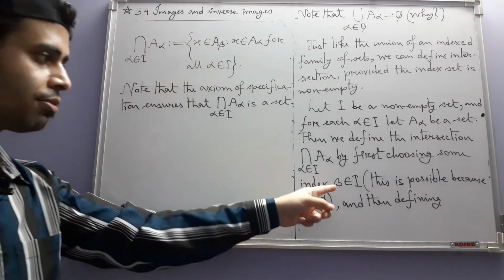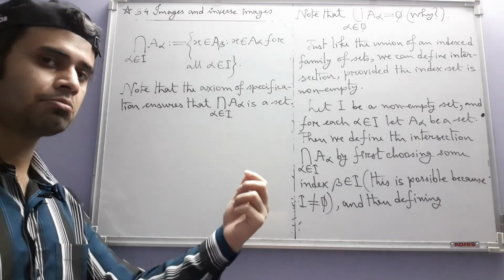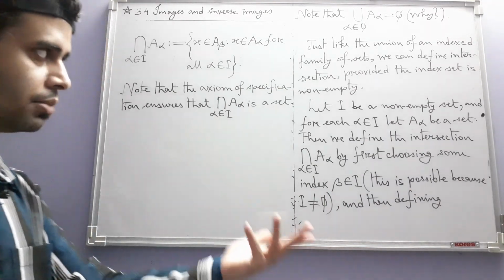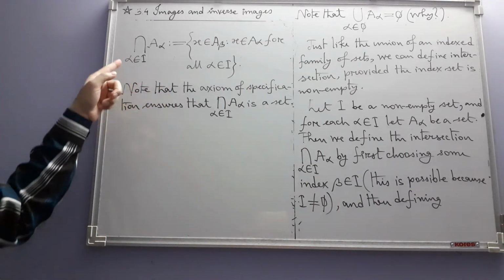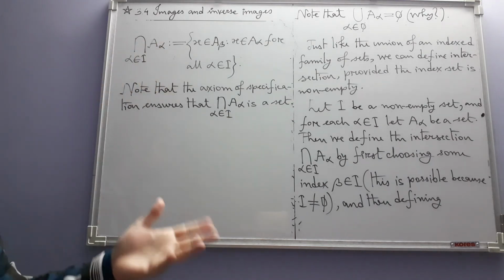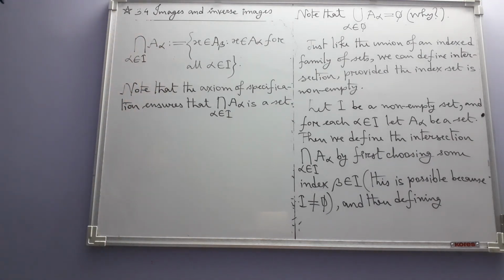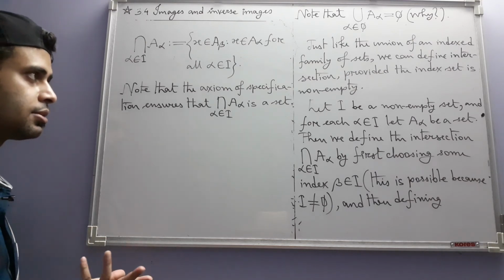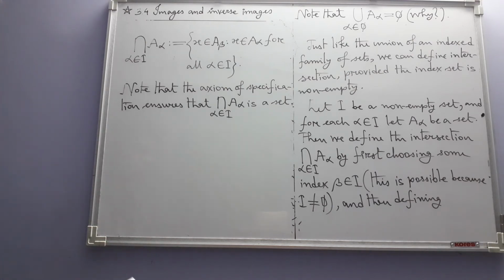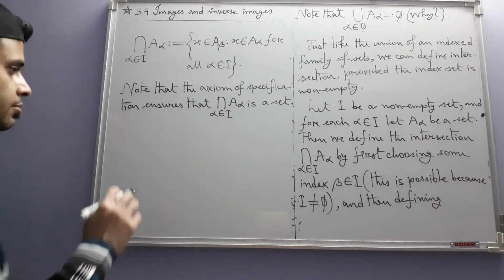If I choose one value of beta, and someone else chooses some other value of beta, we may apparently get two different values of this intersection. Actually, that is not the case. We will end up with the same set, and that is one exercise.